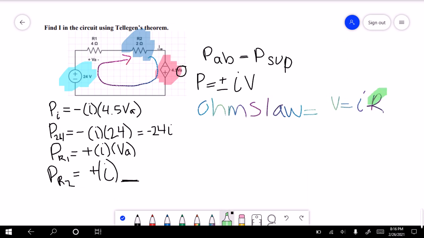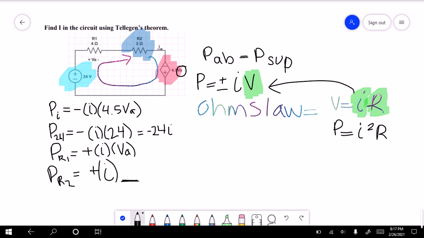We know R, and we know I. And what we don't know about the power equation is the V. So we're going to substitute this inside that equation. So instead of P equals VI, P is going to be equal to I times IR, so that's current squared times resistance R.